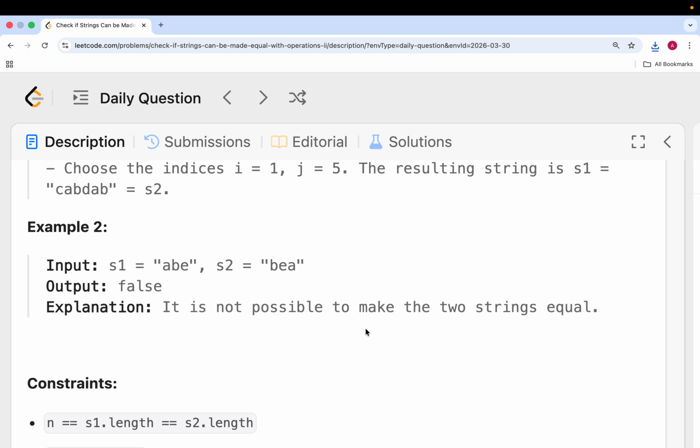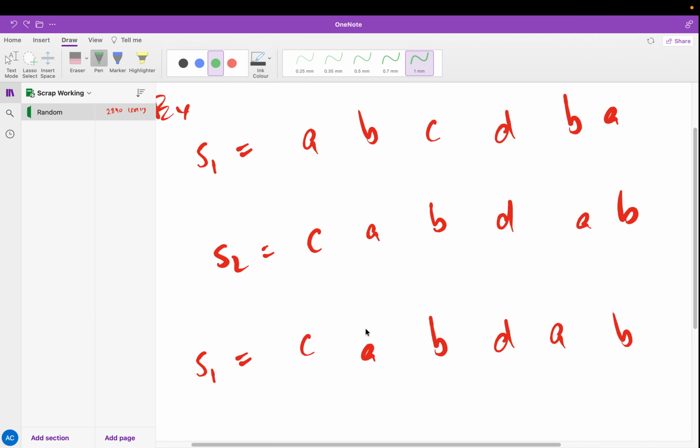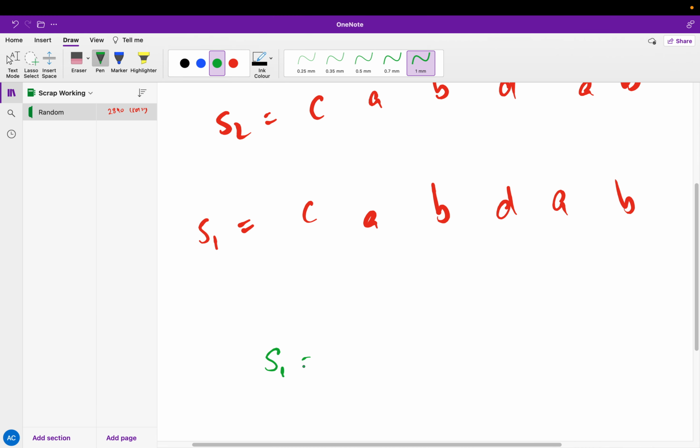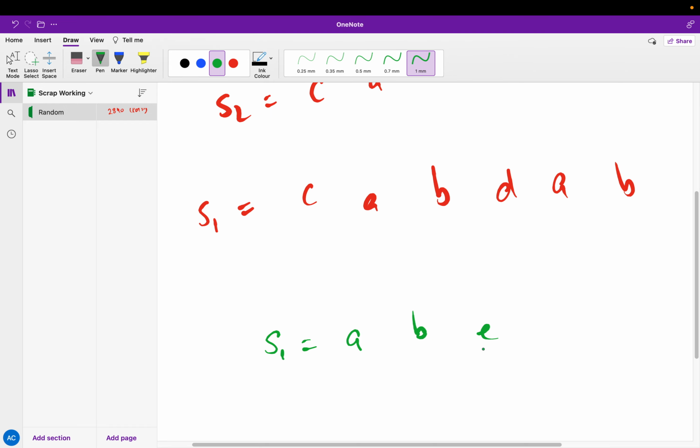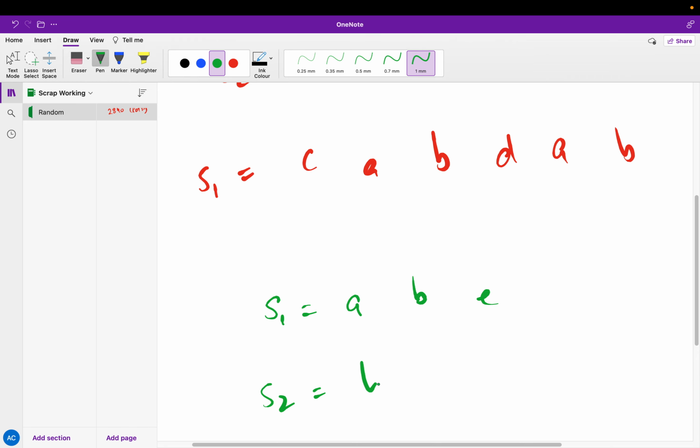A, B, E, B, E, A. So that's interesting. So S1 equals A versus B. By inspection, we can immediately tell that this won't work because this B has to get to this A. This B has to get to the 0th position. 0, 1, 2.